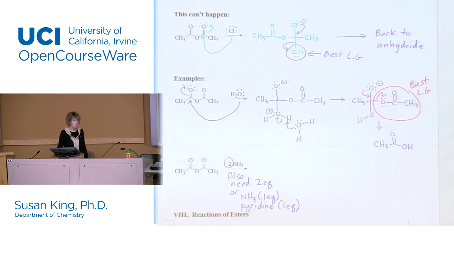So it depends. If you choose two equivalents, it's for a very inexpensive, cheap amine that you don't mind losing half of. If it's an important amine, something you've had to synthesize, you don't want to waste half of it. So you will use one equivalent of amine and one equivalent of pyridine.